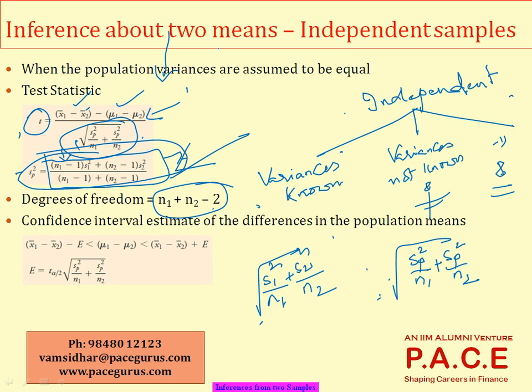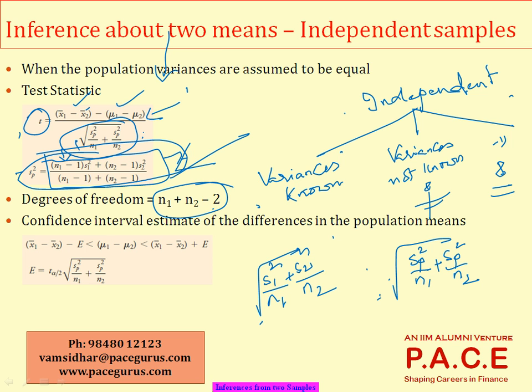In these three different scenarios, I'll go for three different kinds of tests. Whatever is the test statistic that is coming out, based on that I should be able to identify my critical value, and based on the identification of the critical value, I need to look at whether my null hypothesis needs to be rejected, or has to be failed to be rejected and is going to be accepted itself.